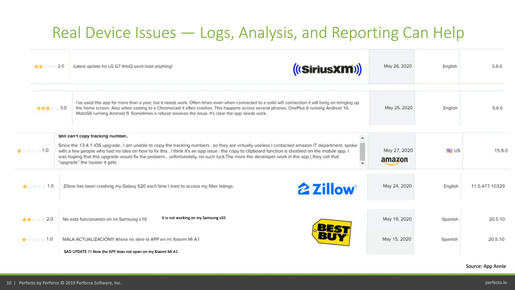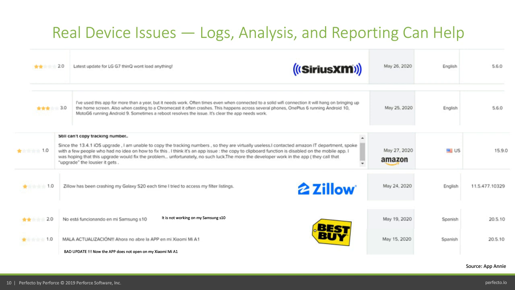So these are two or three examples that I picked from App Annie, looking at specific issues. One of them is not testing on the right operating system, okay? In this complaint, a major upgrade that happened on iOS 13.4.1 revealed an issue with the Amazon application.